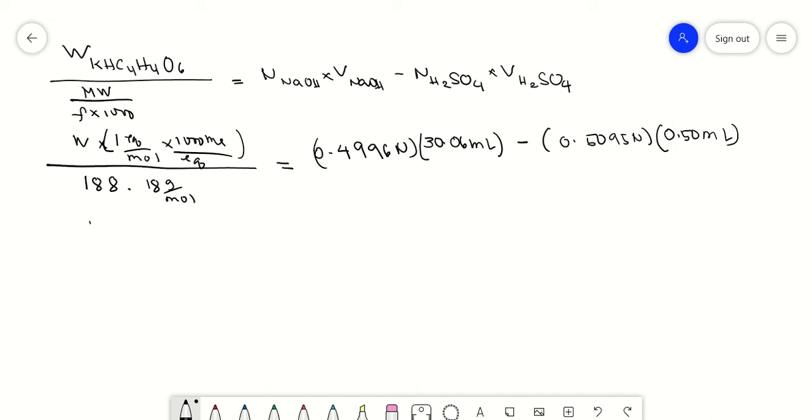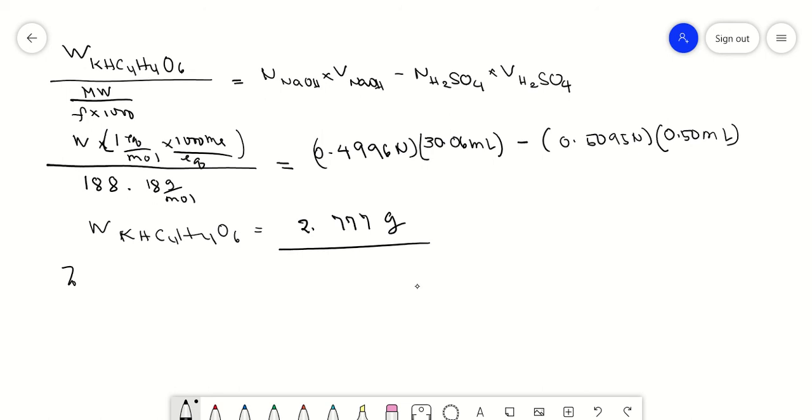Okay, so you can get here now a value of the weight of potassium bitartrate, or cream of tartar, KHC4H4O6, which is equal to 2.77 grams.